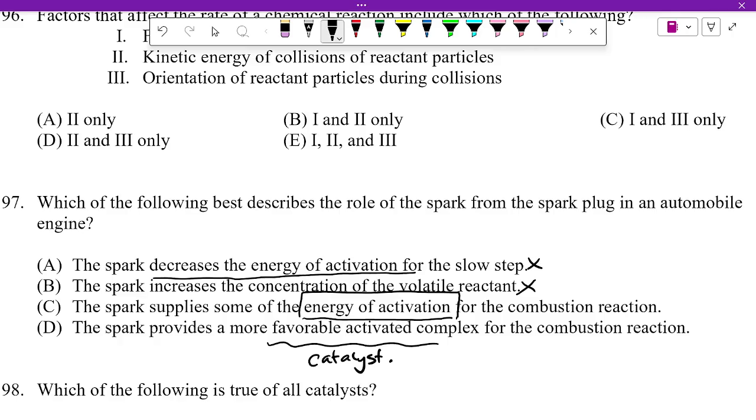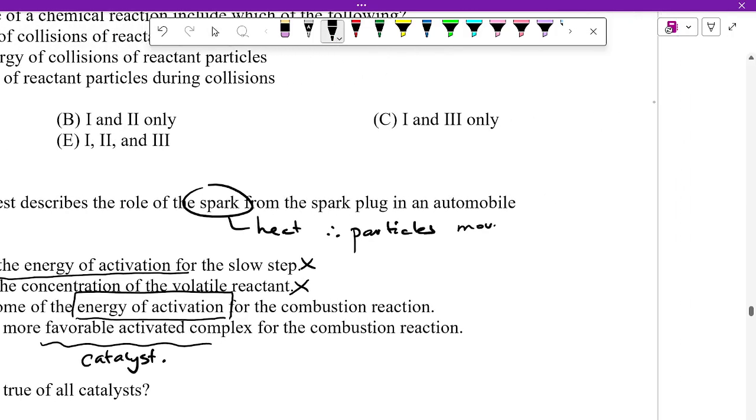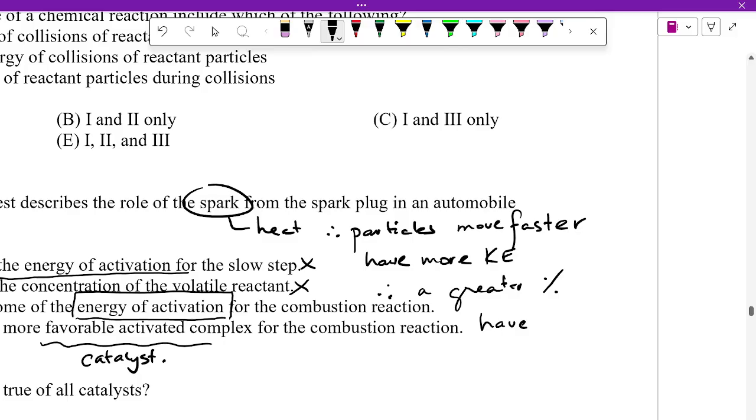So it's going to make the particles move faster. They have more kinetic energy. Therefore, a greater percent have enough energy to form an activated complex.